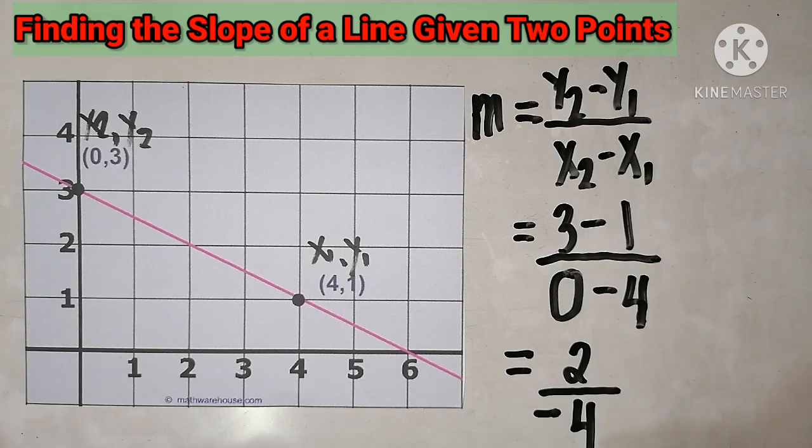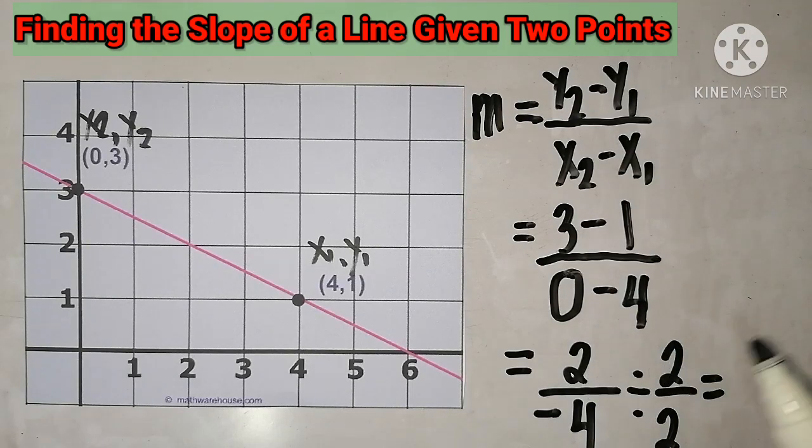Since we have 2 over negative 4 as the resulting value, if it can be simplified, we have to simplify our answer. Since this is 2 over 4, to simplify, divide the fraction by 2 over 2. So we have 2 divided by 2, that is equivalent to 1.